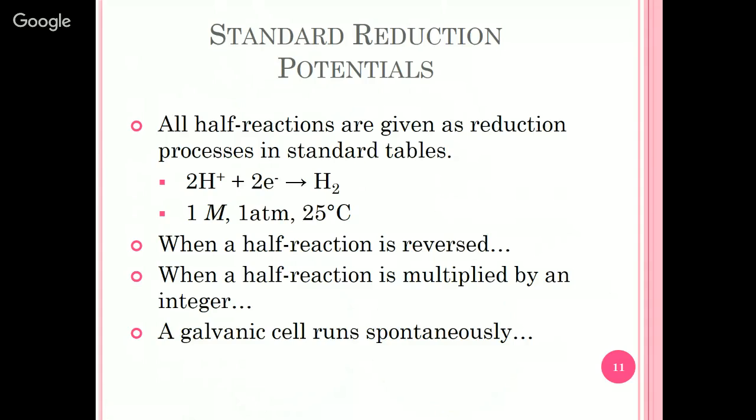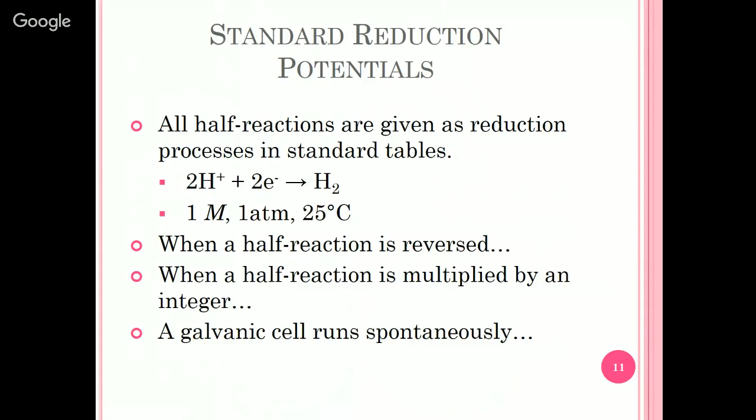These are all standard reduction potentials, which means that when we need to see what the oxidation is, that is why we take the negative of it. We just write the negative for our anode and then copy down the number. When a half reaction is multiplied by an integer, it does not affect the overall potential.